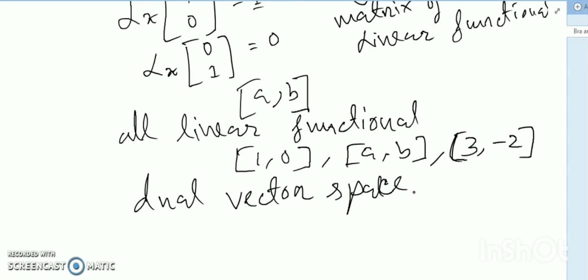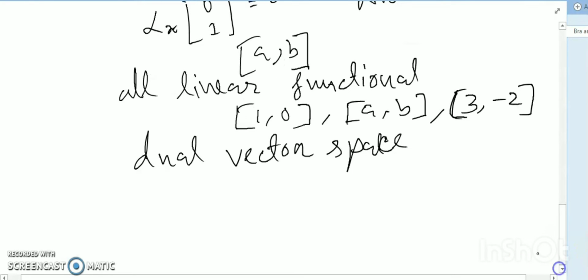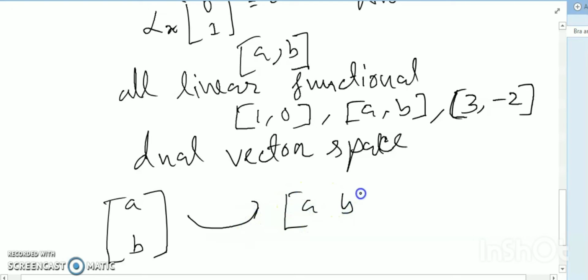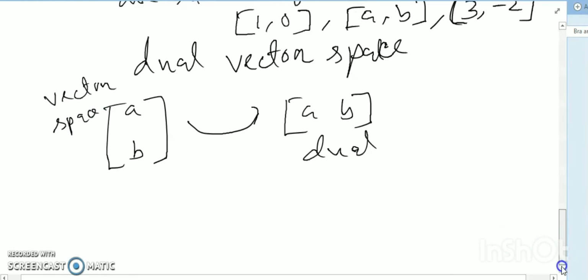Take your vector space of column vectors and turn them on their sides. So if my vector is (a, b), it turns into the row (a, b). What you get is the dual vector space of linear functionals.